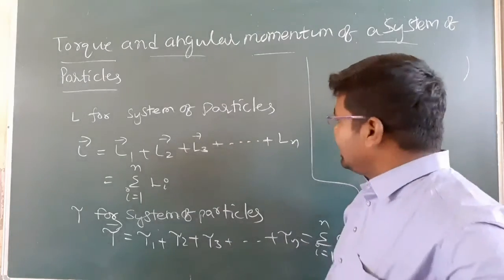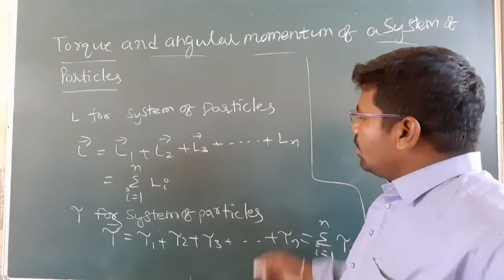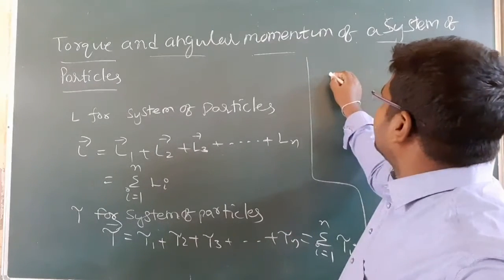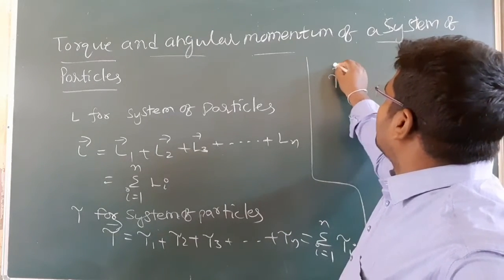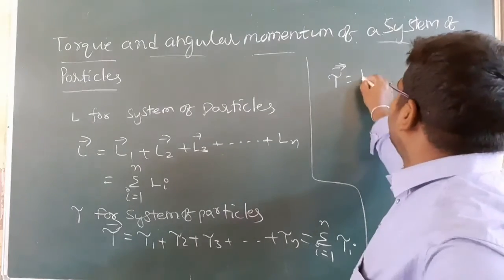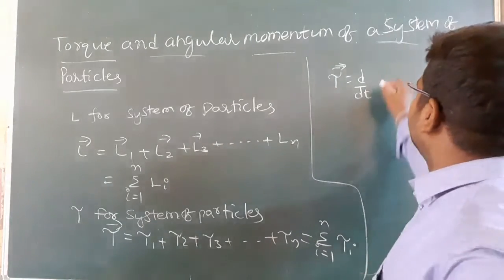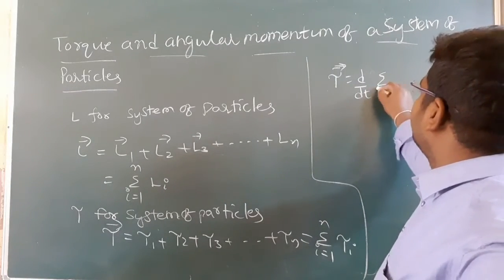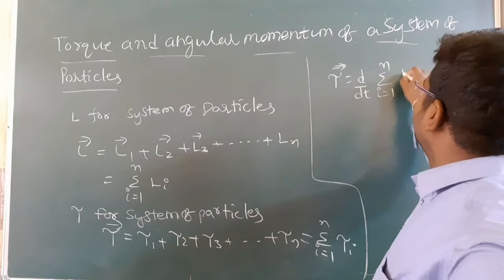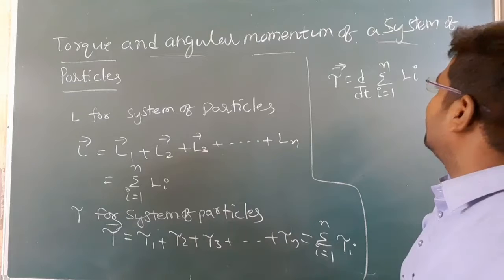Okay, my children. Next, we know that the total torque, tau bar, is equal to d by dt of sigma i is equal to 1 to n of Li. Understand, my children?